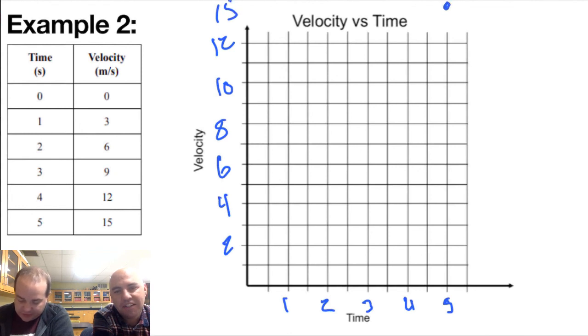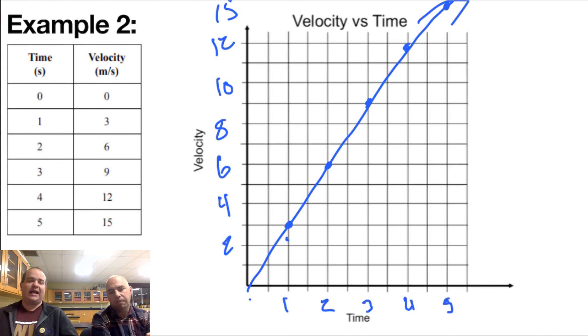We got 1, 3, 2, 6, 3, 9, 4, 12. So this is the exact same as the previous graph, it's just a little bit steeper. We have a steeper slope, so that means it's accelerating at a faster rate.